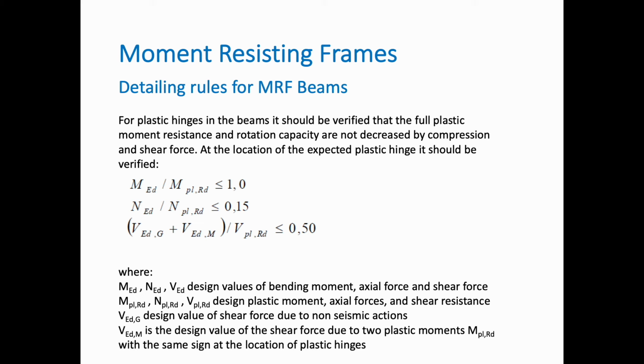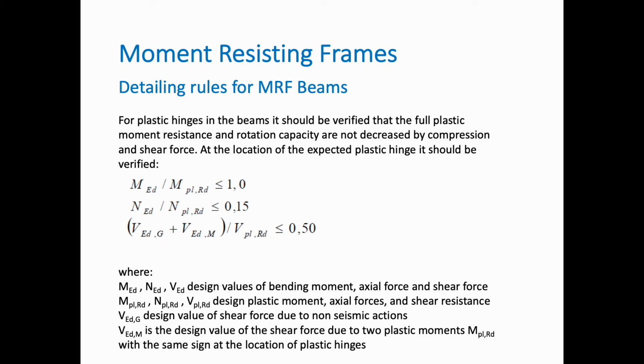At the location of the expected plastic hinge, it should be verified that the applied moment over the plastic moment resistance is lower than or equal to 1. At that position, the applied axial load over the axial plastic resistance is smaller than or equal to 0.15. So the resistance now has to be quite significant.